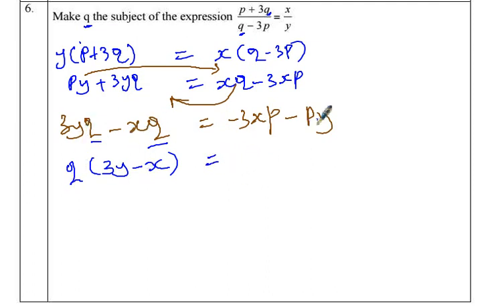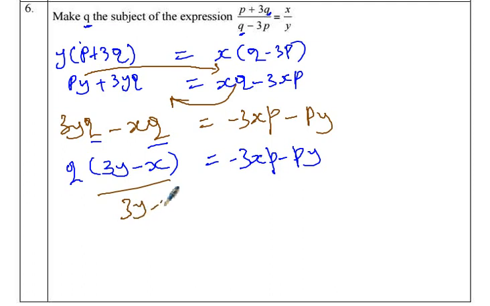This is equal to... Do I need to simplify this side? No, I do not need to waste time with this. I'll write it the way it is. They are non-like terms, I cannot simplify them. And so from here, when I divide on both sides by this term here, let me go ahead and divide it.